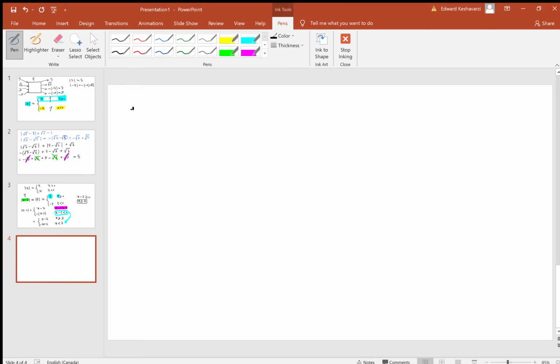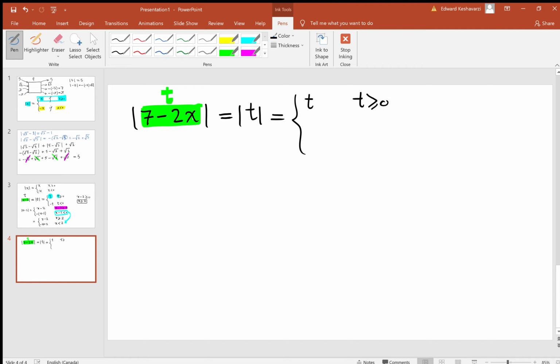Let's change 7 minus 2x to a piecewise function. Again, you can set this one as t. Therefore, what we'll have is absolute value of t, which becomes t as t is larger than or equal to 0, the original definition of absolute value.